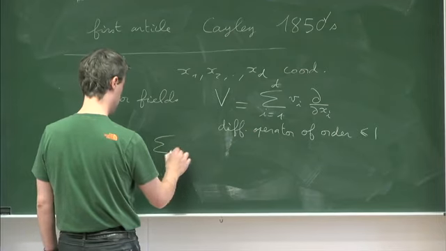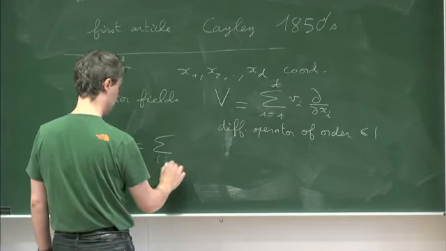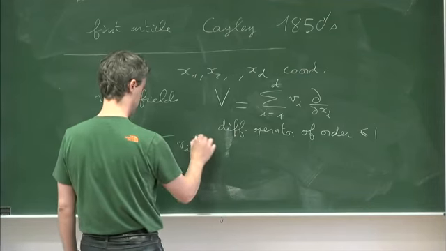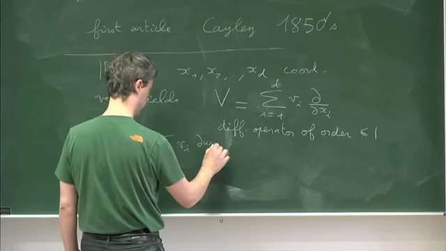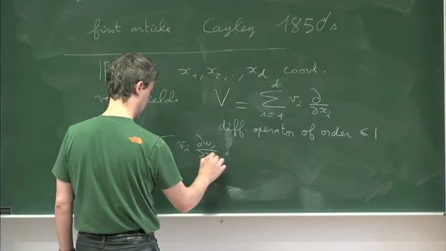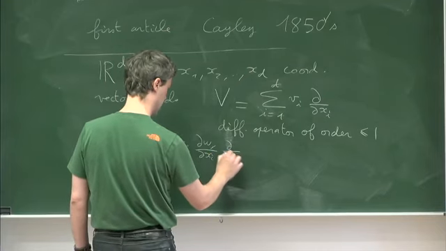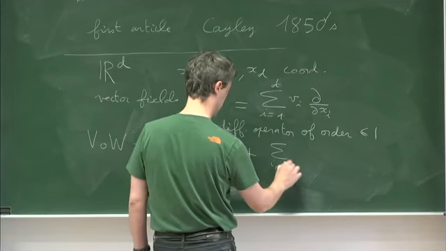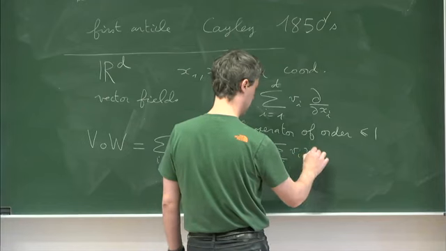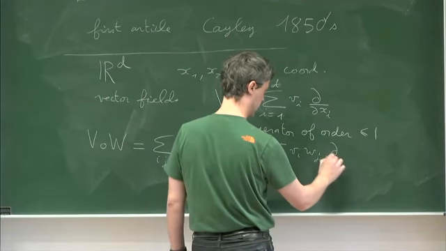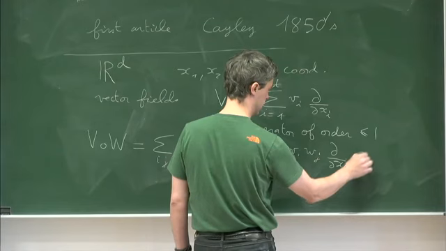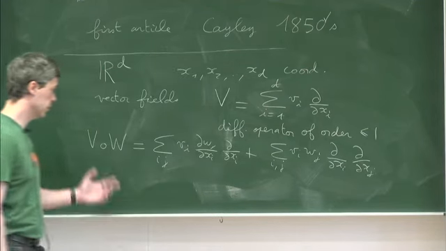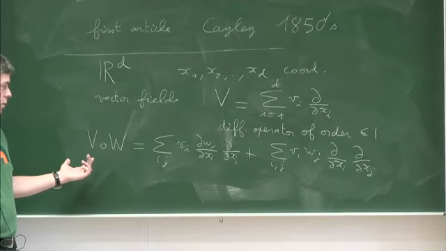It's the double sum over i, j of v_i ∂v_j/∂x_i ∂/∂x_j plus the sum over i, j of v_i w_j ∂/∂x_i ∂/∂x_j. Okay, this is just the composition of differential operators.